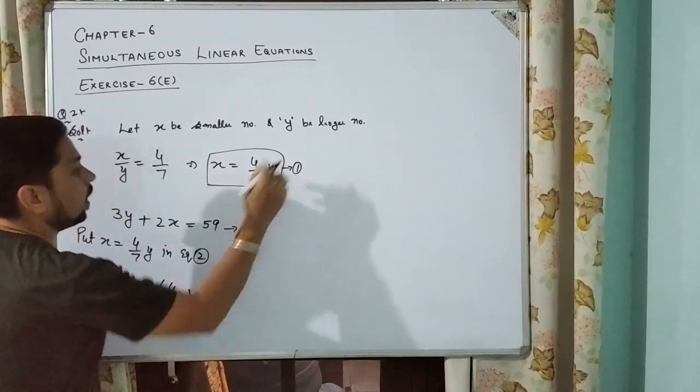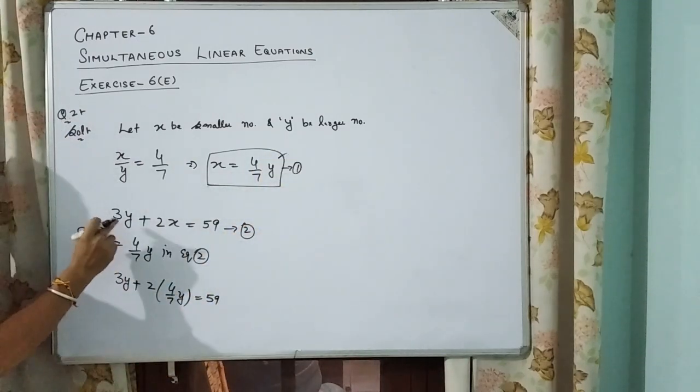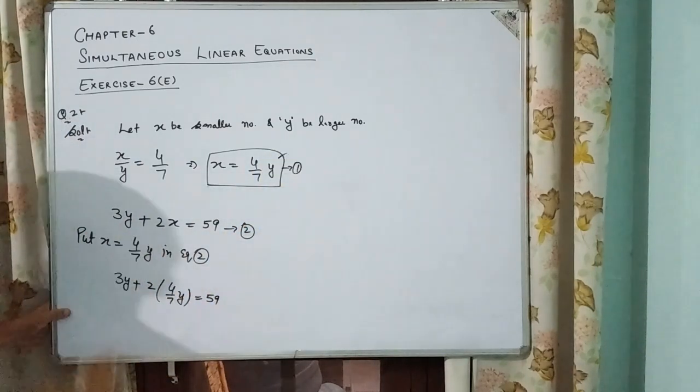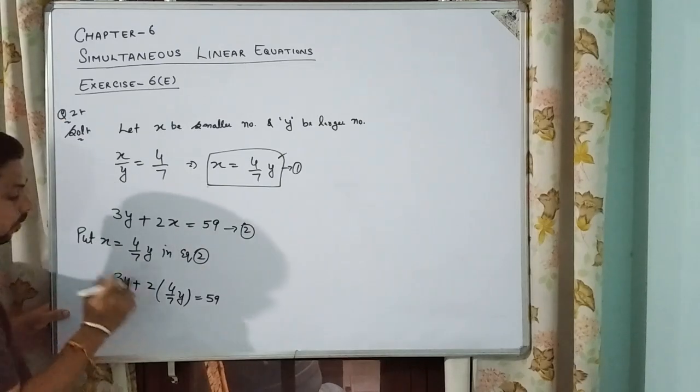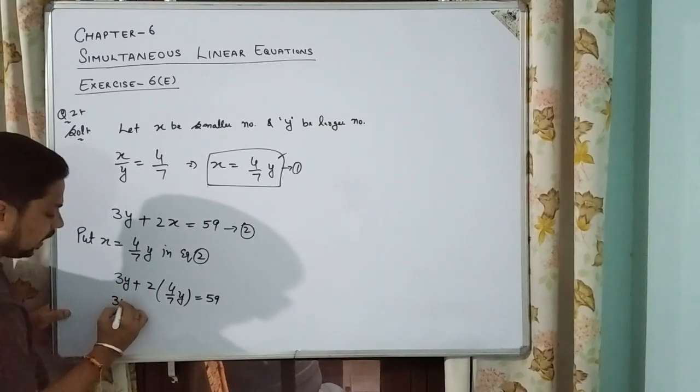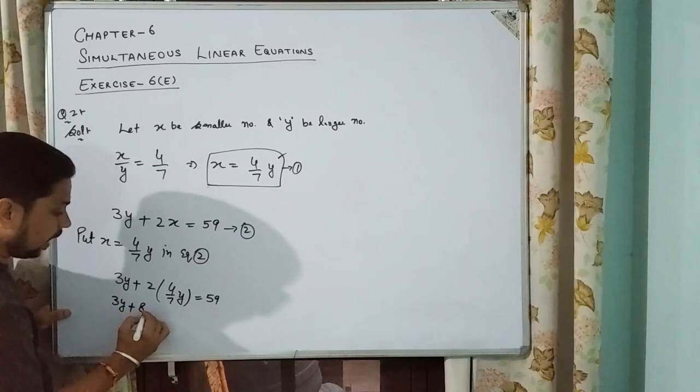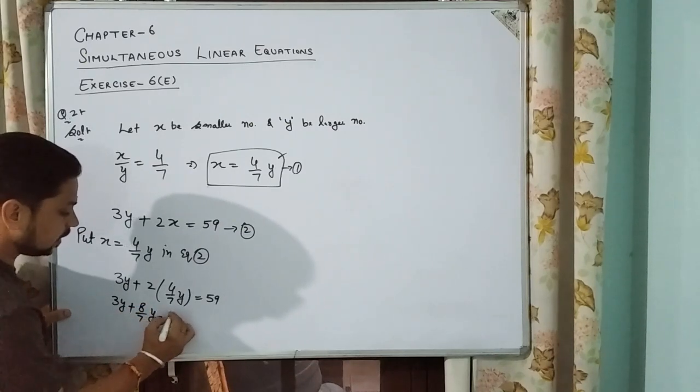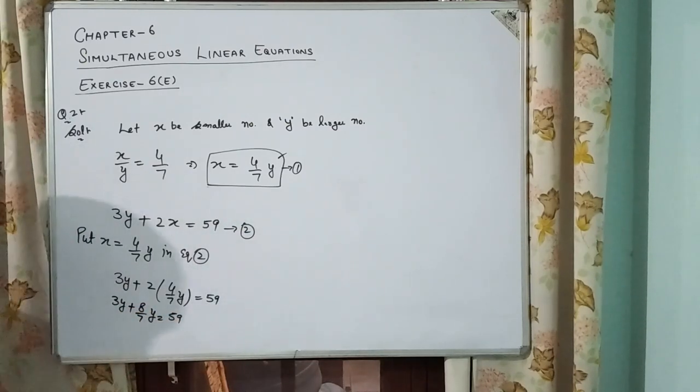We are taking the value of x and substituting it in the second equation. So we have 3y plus 8 upon 7y equal to 59.